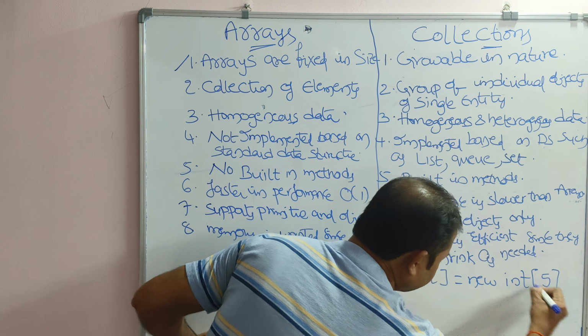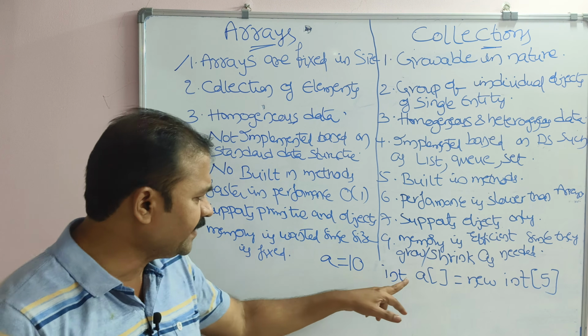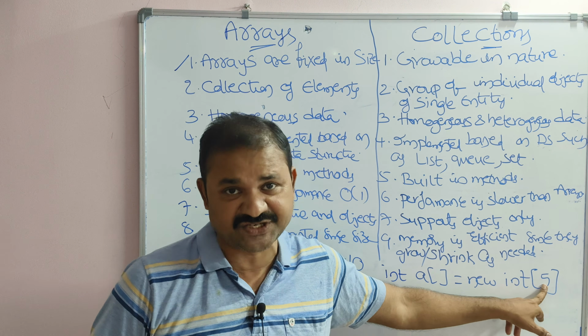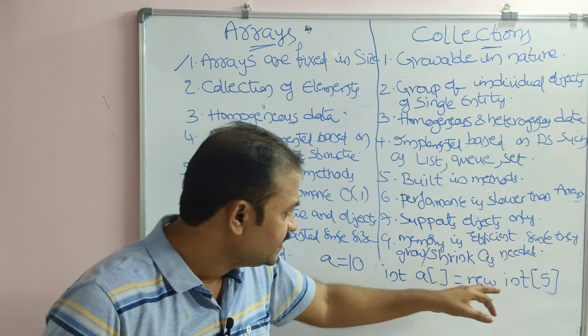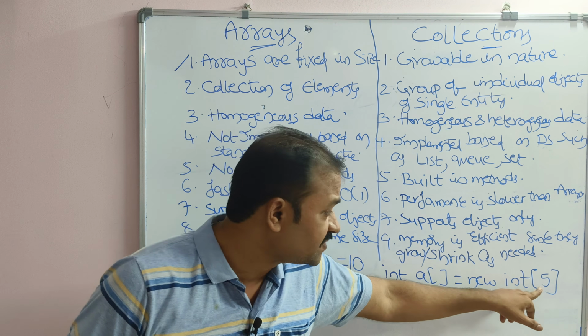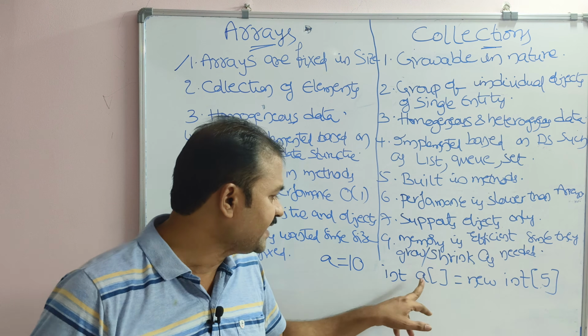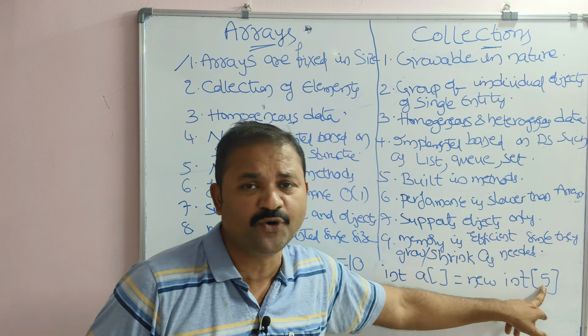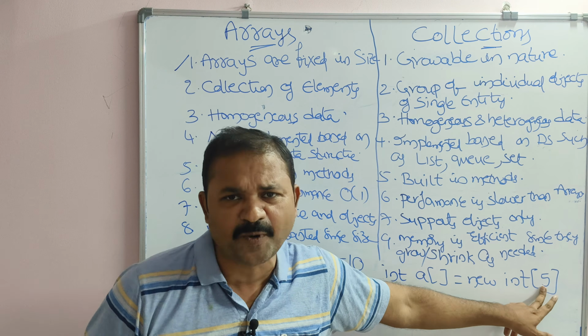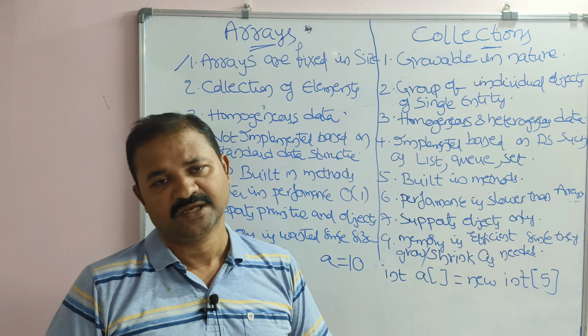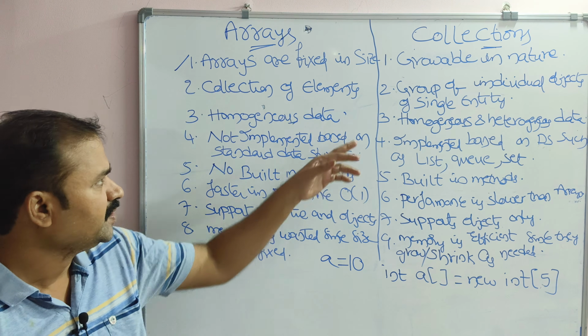Let us assume that for the array, memory is allocated for 5 elements. So here the size of the array is fixed. Throughout the program, the array size is 5 only. It is not possible to change the size of the array. So that is the first problem.